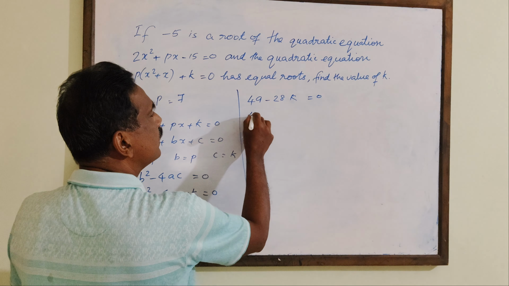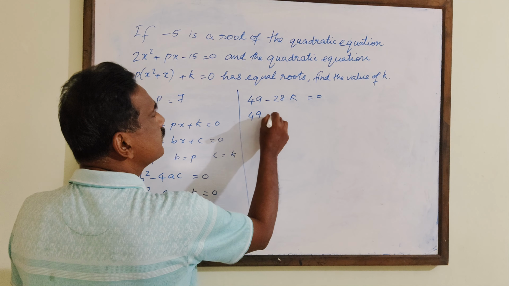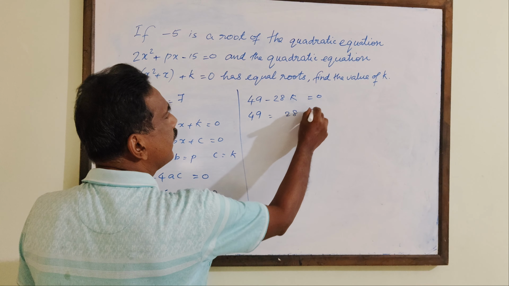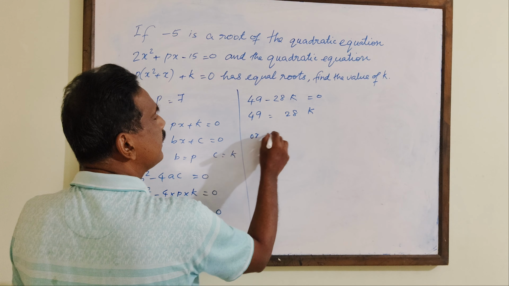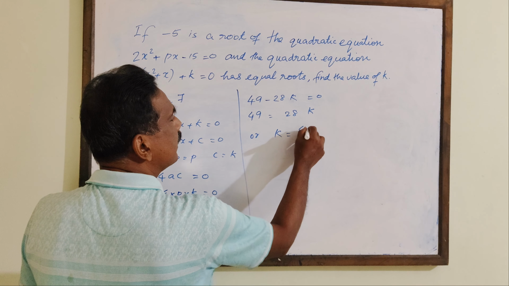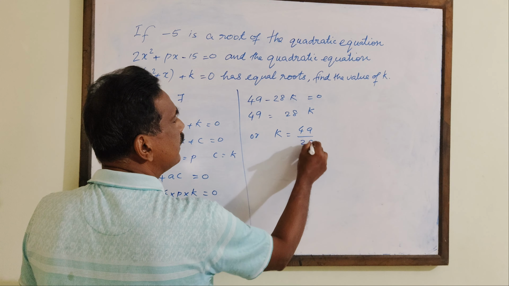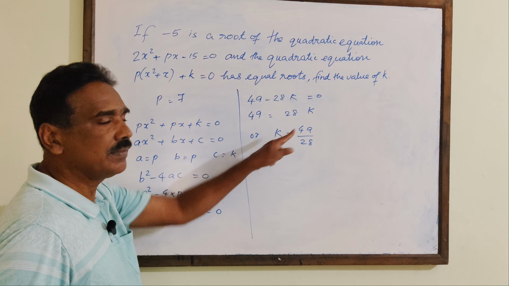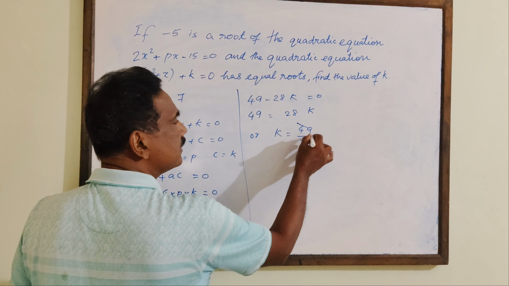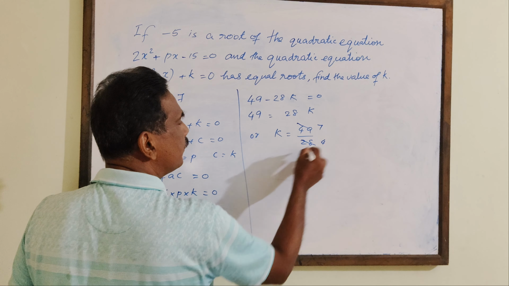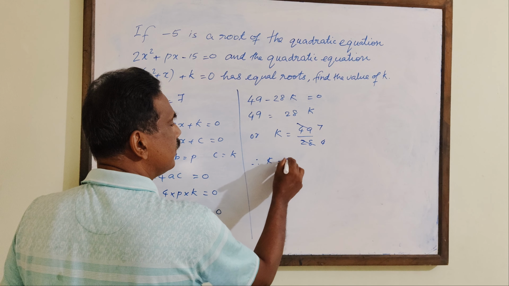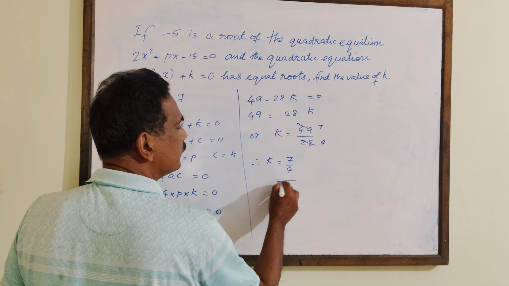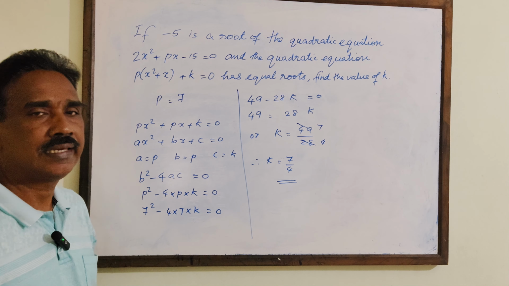Rearrange, 49 is equal to 28k, or k is equal to 49 divided by 28. Both of them are multiples of 7, so cancel with the 7, you are getting 7 by 4. Therefore, k is equal to 7 by 4. So you got the value of k.